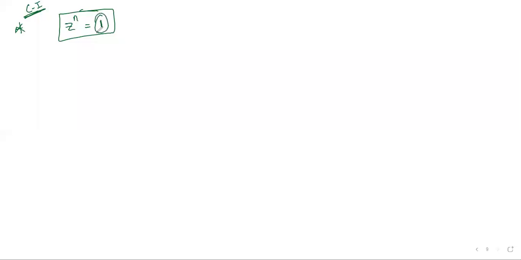By the way, what can we write 1 as in terms of complex numbers? In terms of cis, can someone tell me? Cis 0. Very good. But is that the only value for which you get 1?